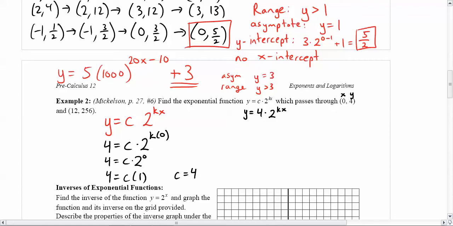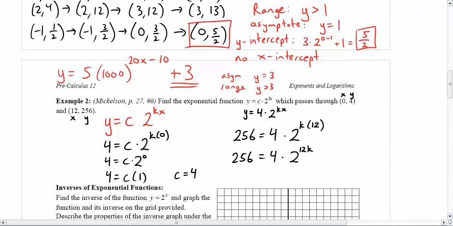Now we just have to find out what k is. So now we'll plug in this point for x and y. So we'll plug in 256, and x is 12. So 256 is 4 times 2 to the 12k.